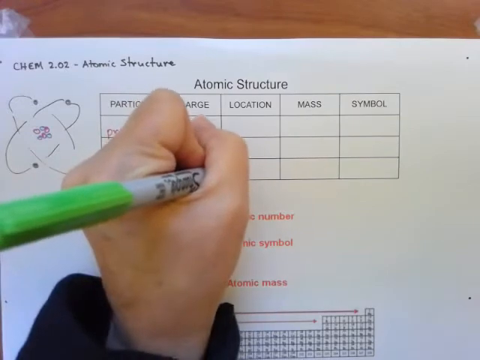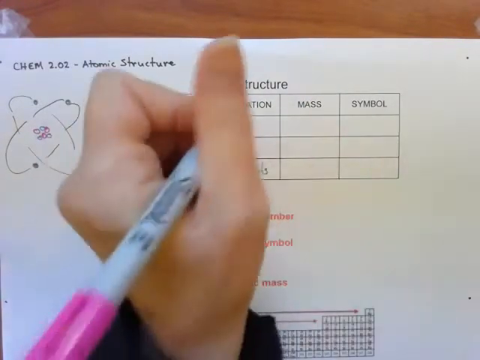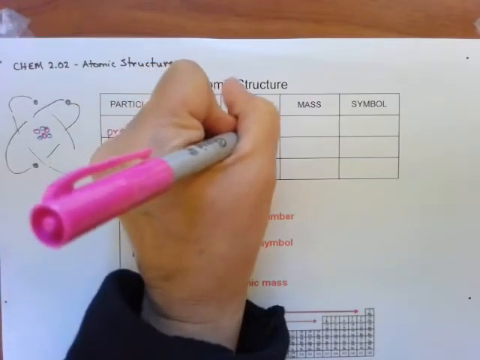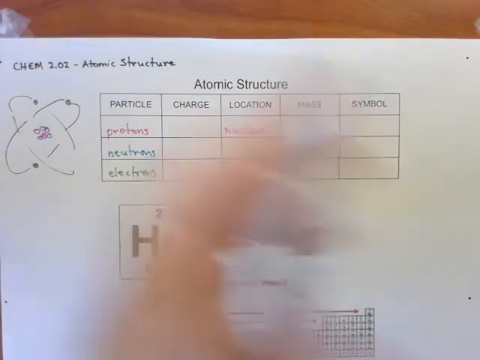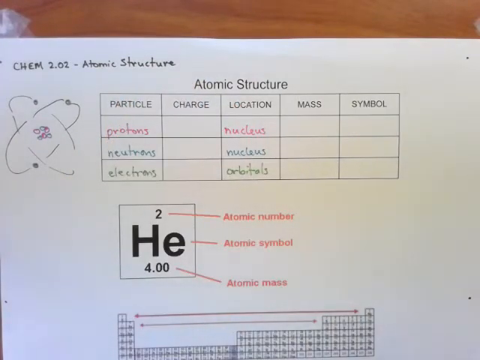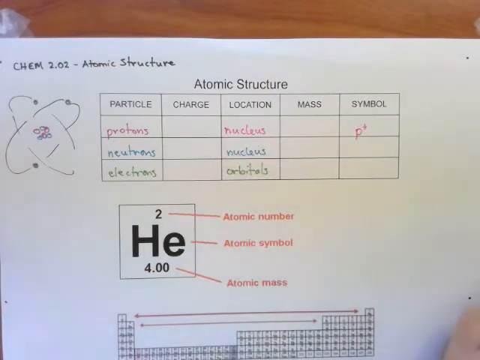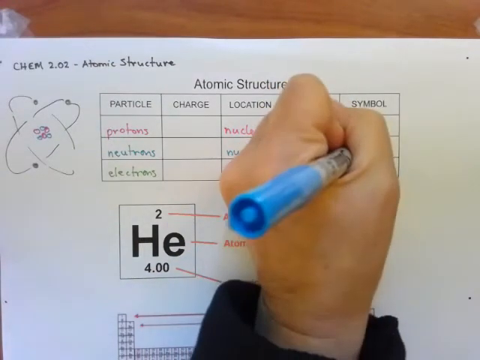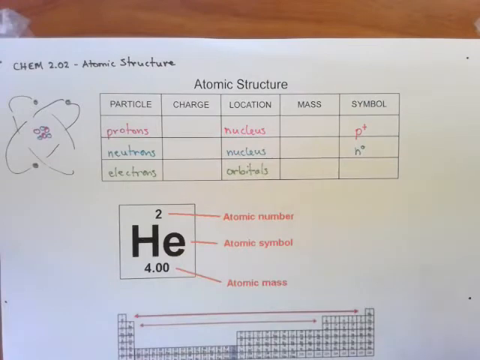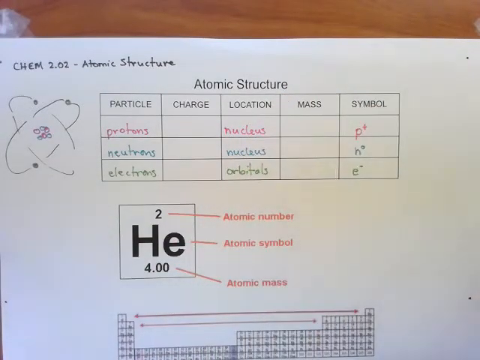So the symbols that we use for proton, and we're going to use these quite a bit, is a lowercase p with a plus, a lowercase n with a 0, and a lowercase e with a negative.